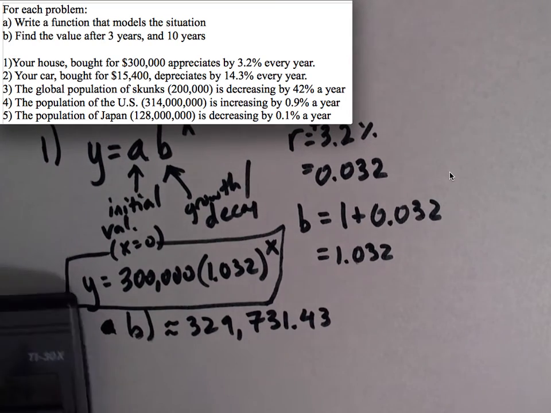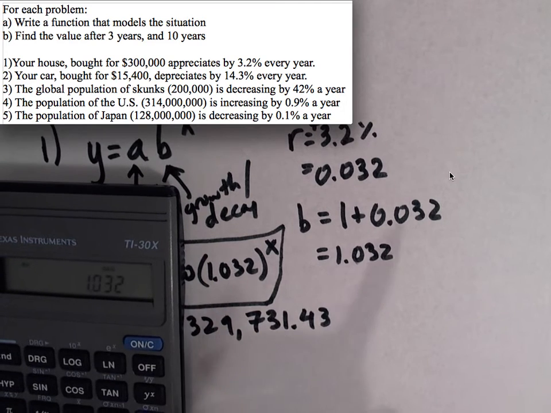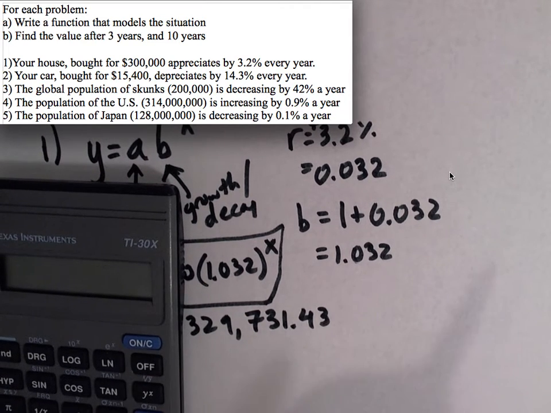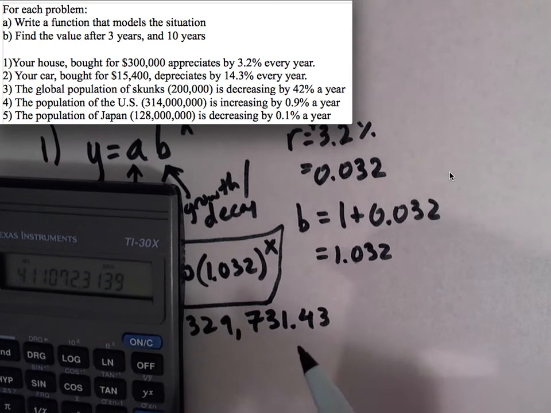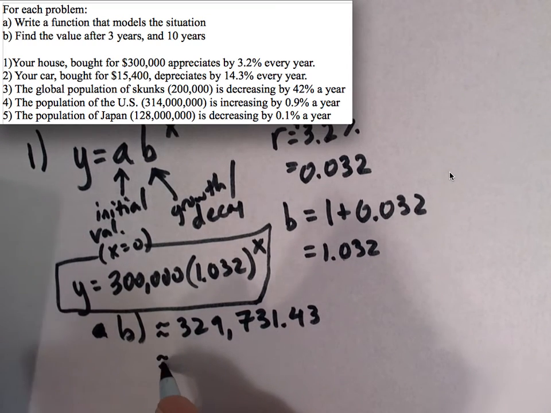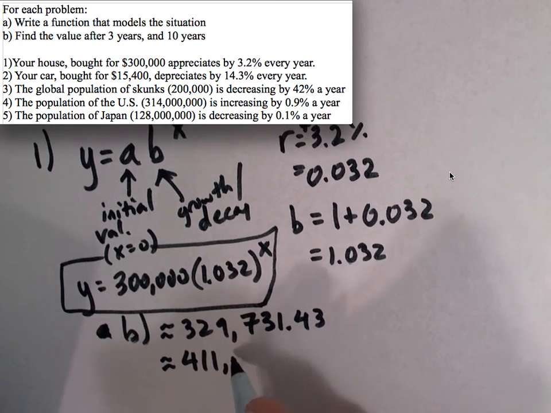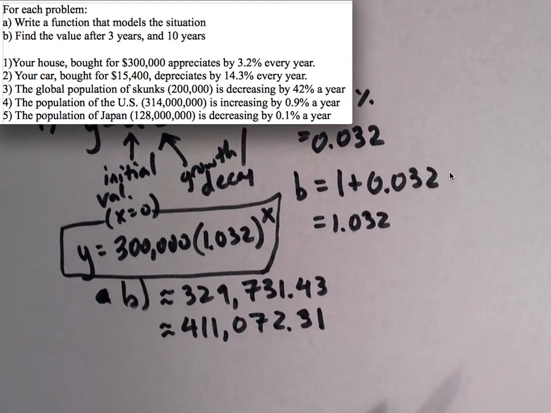And if we use 10 instead, 1.032 to the 10th power, then multiply that by 300,000, we get approximately $411,072.31.